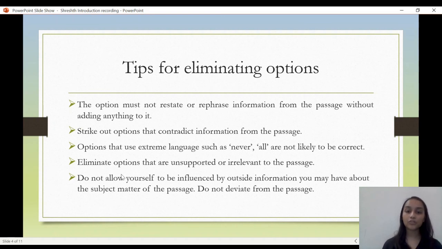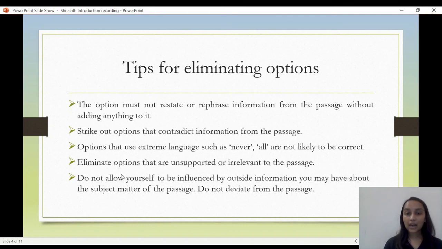Alright. Eliminate options that are unsupported or irrelevant to the passage. So I told you that an inference is some new information that has support or that is based on the information already provided in the passage. If you don't see it being supported, or you see that it's beyond the scope of the passage, then just eliminate it. Alright.